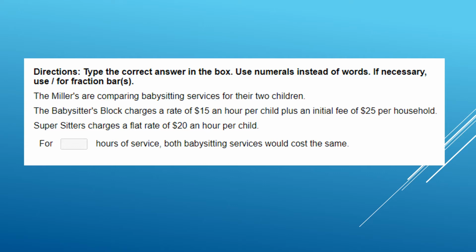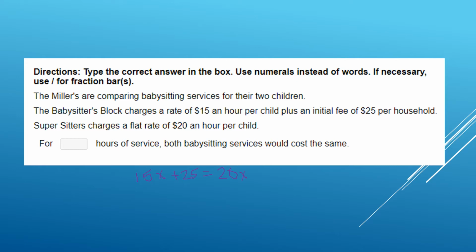For blank hours of service, both babysitting services would cost the same. So we've got $15 an hour plus $25, and we need to know when they are equal. And Super Sitters has a flat rate of $20 an hour.